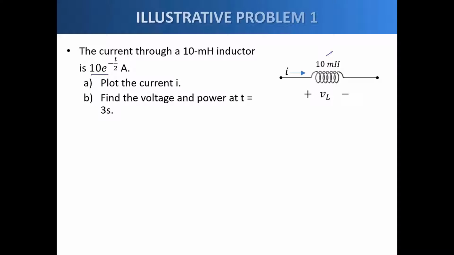So first we're asked to plot the current so that you can see how it behaves from t equals 0 and onwards. And then we're required to find the voltage and the power of the inductor after 3 seconds.